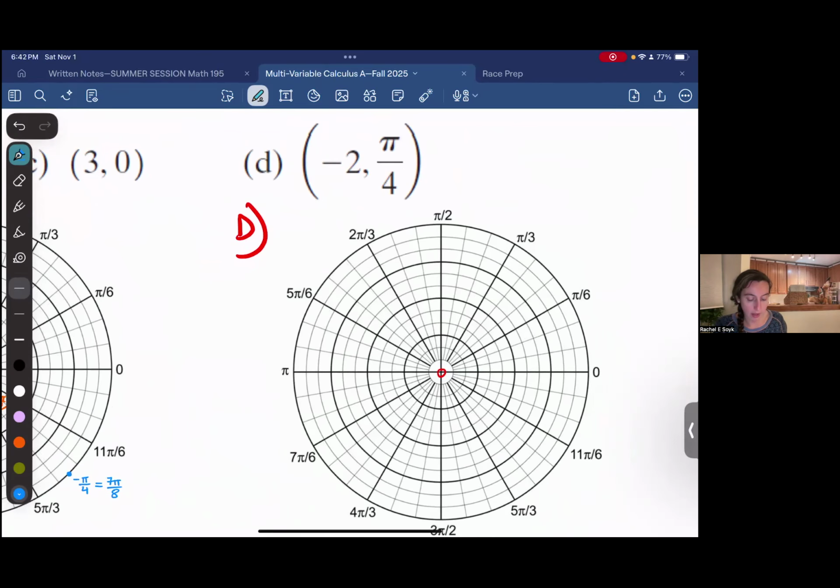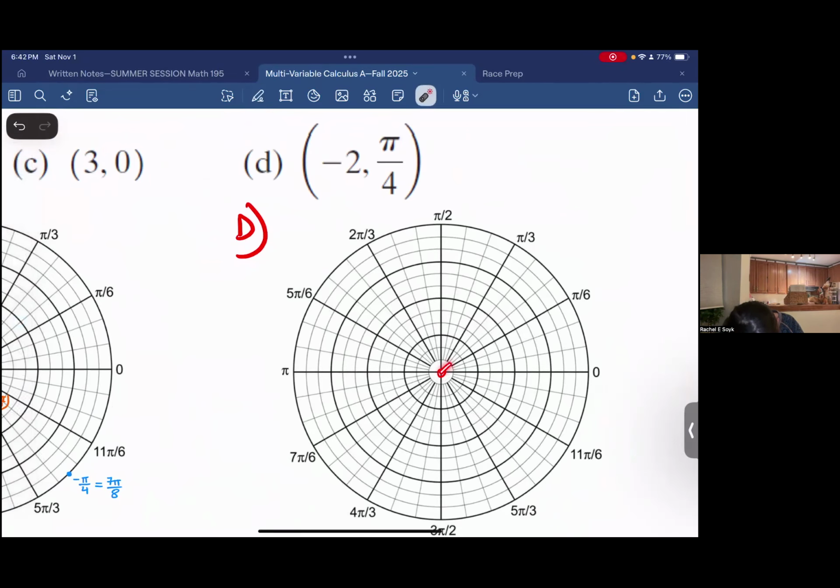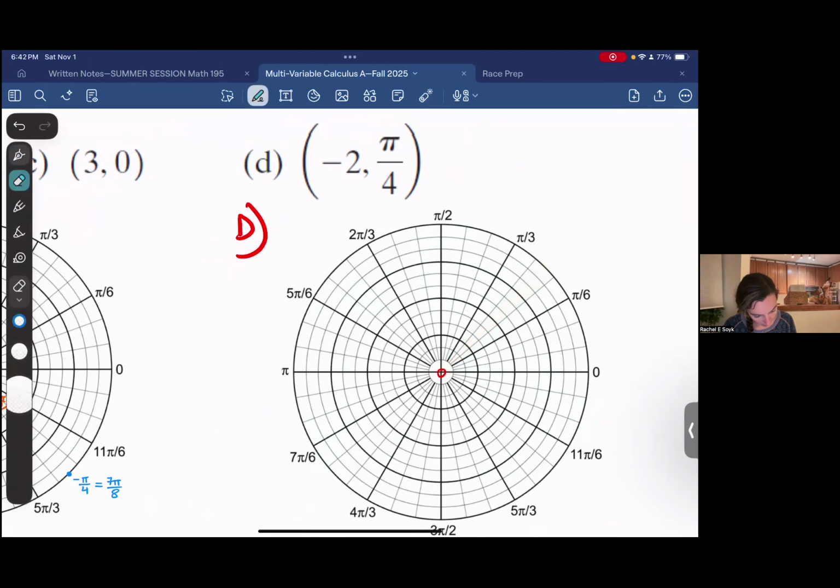And then last but not least, our part D, we have -2, so our r is negative now, and then our angle measure is pi over 4. So 45 degrees. Once again, let me do the halfway marker, which is over here. And so I'll put a little dot there.